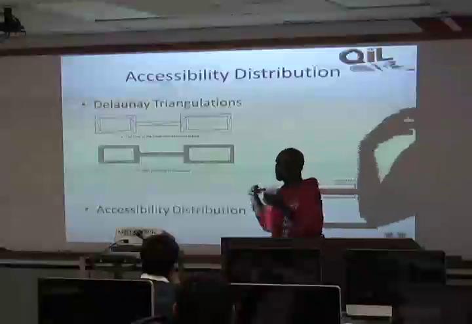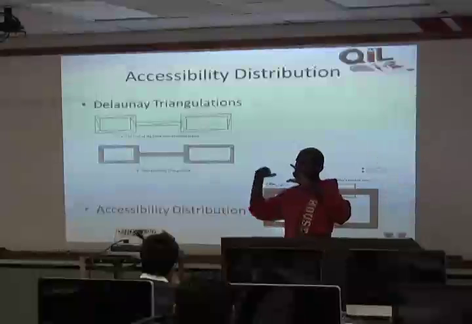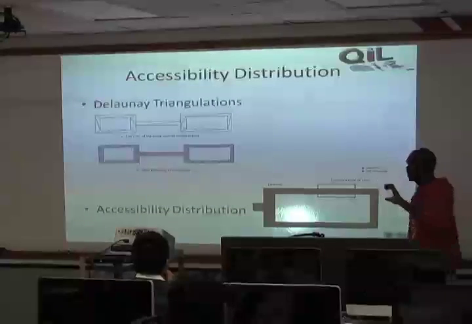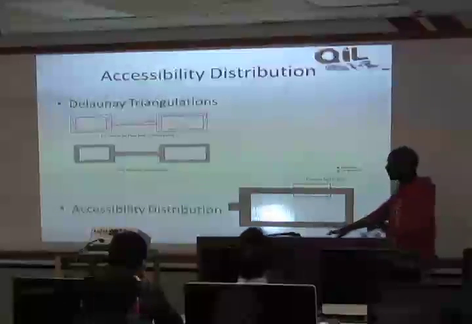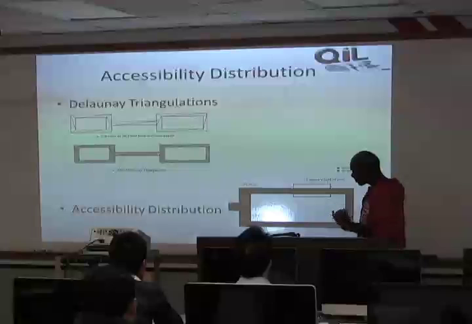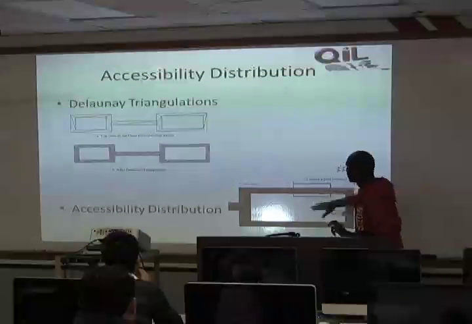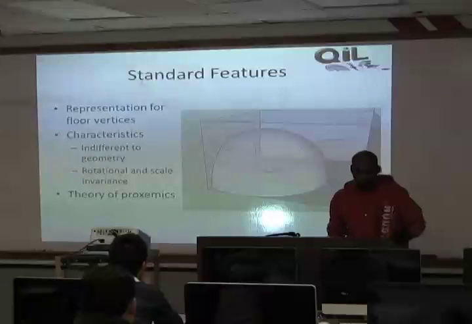And what we did was we take an extended video, and every time we detect a human, we simply project him back into our model. And we use simple statistics to build what is called an accessibility distribution. Here the detections are simply thresholded into two classes, one being accessible and black being not accessible, or less accessible.